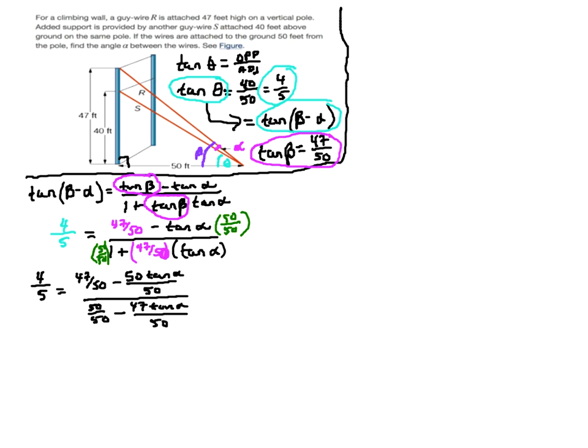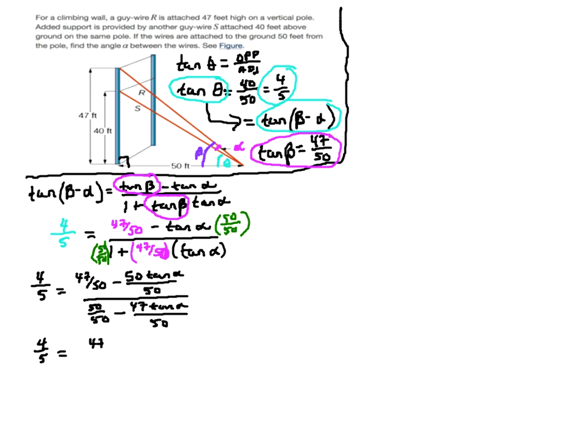Tangent alpha over 50. Okay, still not completely cleaned up yet. So 4/5 equals, I can combine my numerators over my common denominator now.